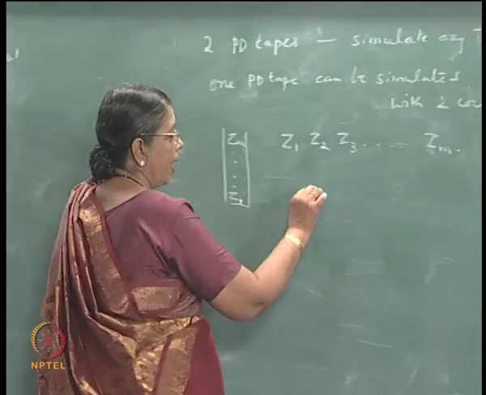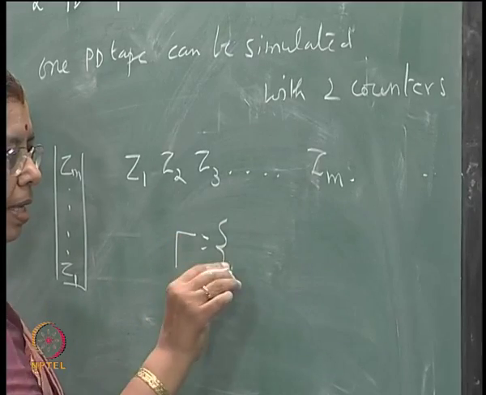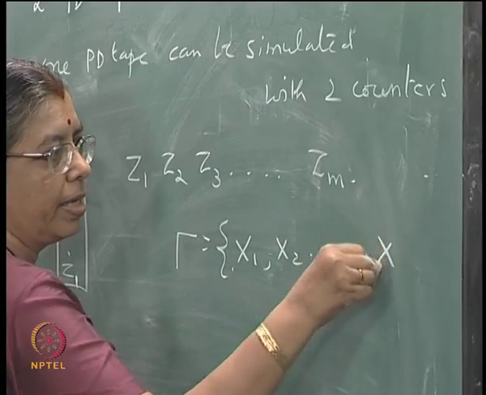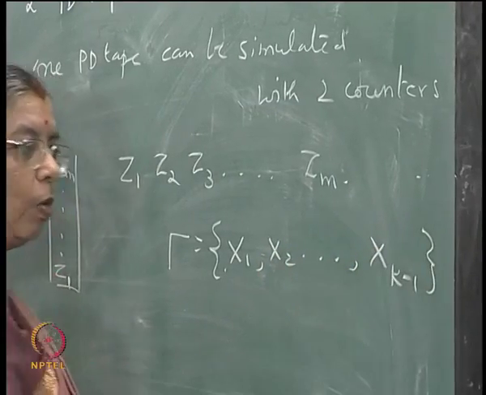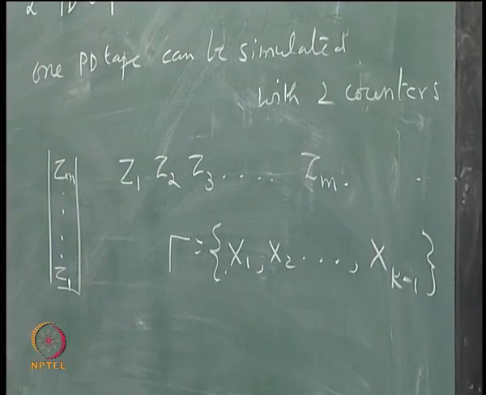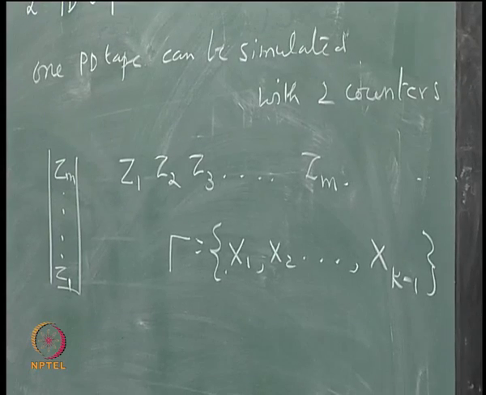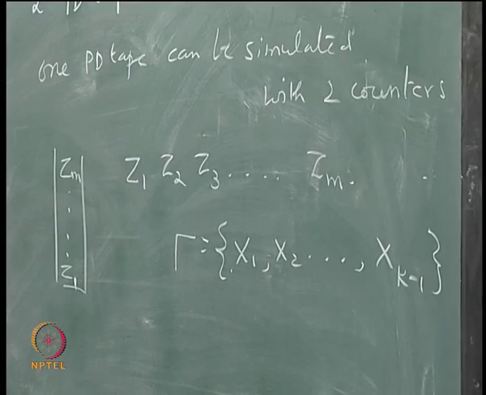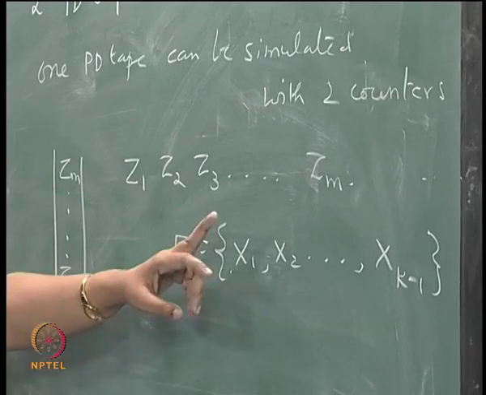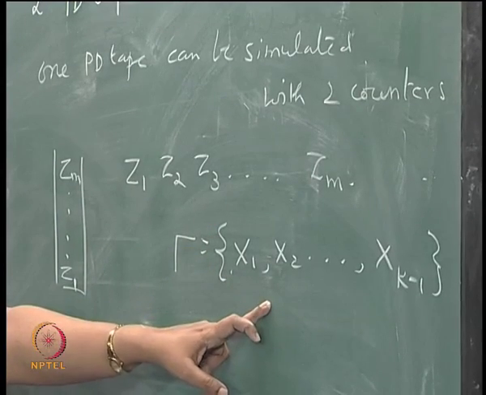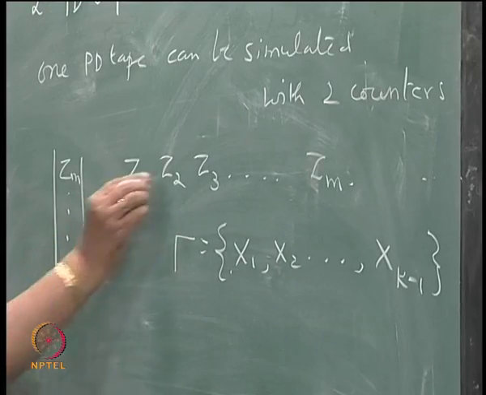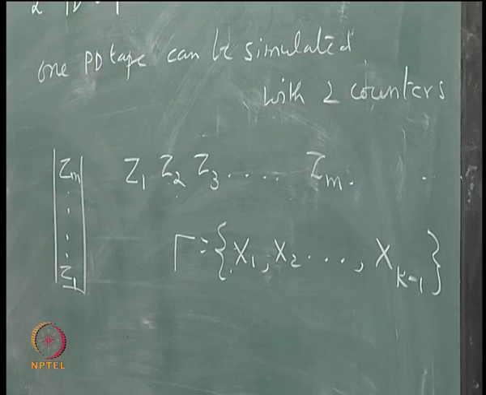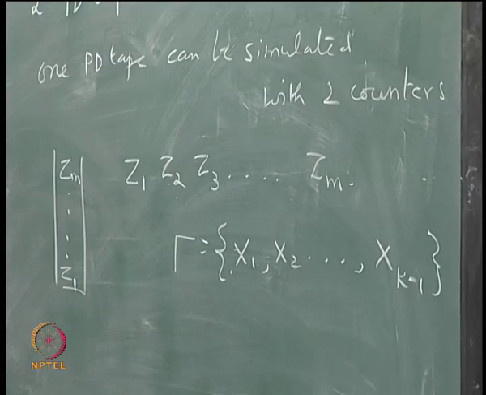So, the alphabet gamma has say x1, x2, up to xk, k minus 1 symbols, including the blank symbol. It has got k symbols. So, this Z1 is one of the k symbols, right. Z2 is again one of the k symbols. Okay.